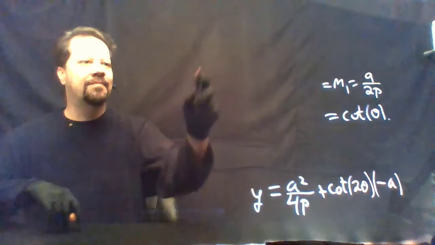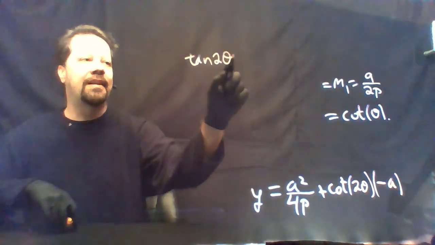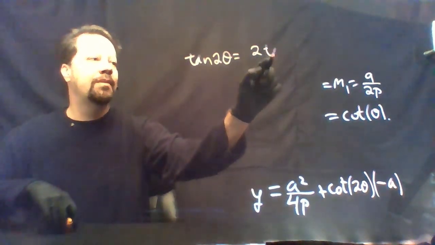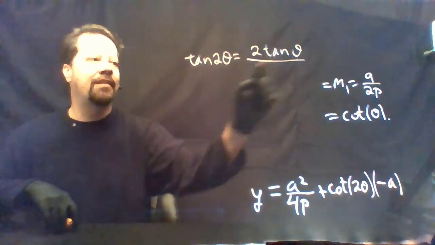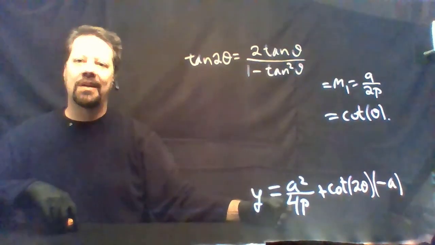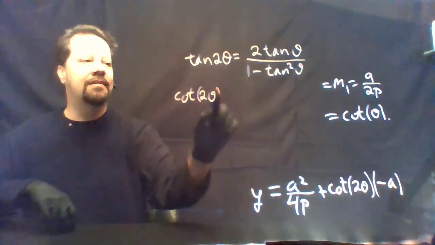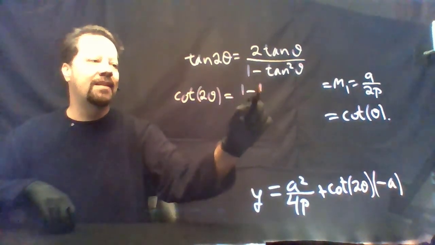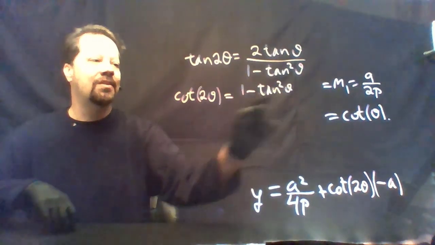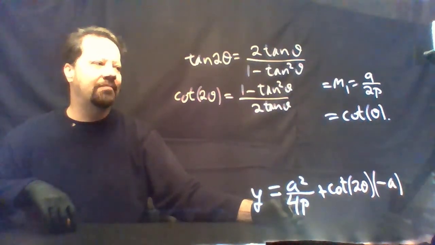You might recall that the tangent of 2 theta is 2 times the tangent of theta divided by 1 minus the tangent squared theta, which means that the cotangent of 2 theta is 1 minus the tangent squared theta over 2 times the tangent of theta.